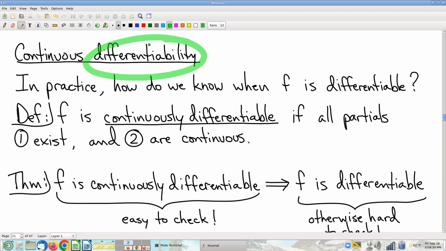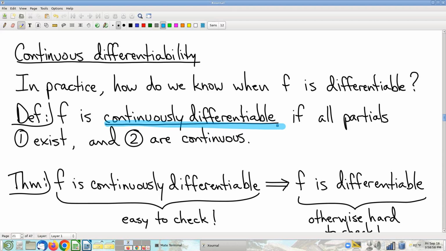This would seem to be a stronger condition, and you would think that in order to check a stronger condition, you would have to do more work, because you'd have to check the differentiability, and then you'd have to furthermore check something else, you would think. And it's just not true. It wonderfully conveniently turns out that continuous differentiability is super easy to check.